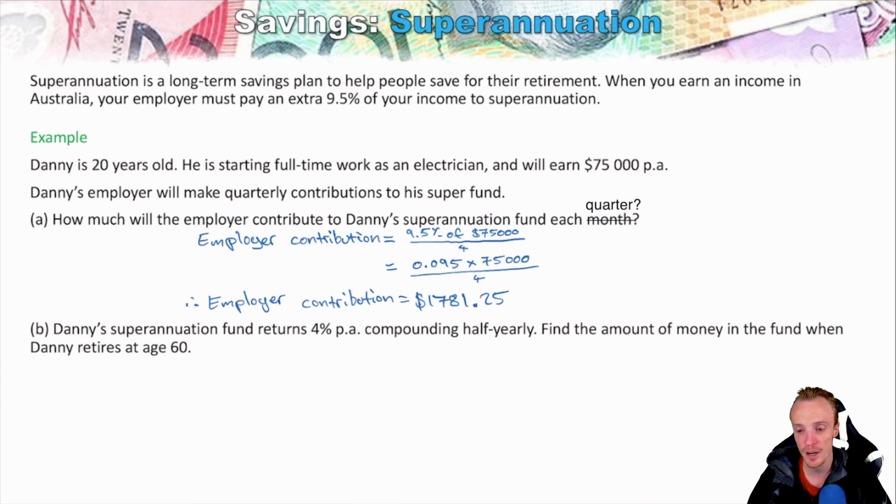Now, Danny's superannuation fund returns 4% per annum, compounding half yearly. Find the amount of money in the fund when Danny retires at 60. Now, obviously, there's a whole range of assumptions being made here. The two biggest assumptions are that the interest rate is going to remain stable at 4% throughout, but probably the bigger assumption is that the contributions are going to remain the same, which is very unlikely given things like inflation, which will change the wage, which will change the contribution.